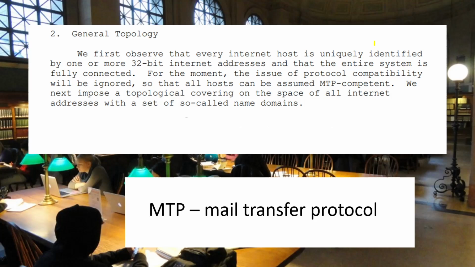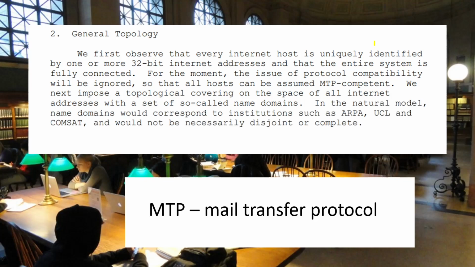We next impose a topological covering on the space of all internet addresses, with a set of so-called name domains. In the natural model, name domains would correspond to institutions, such as the Advanced Research Projects Agency, UCL, University College London, and ComSat, and would not be necessarily disjoint, separate, or complete.